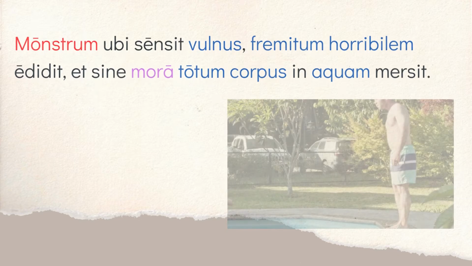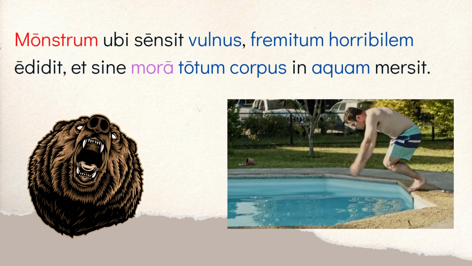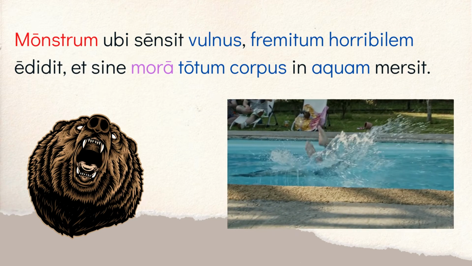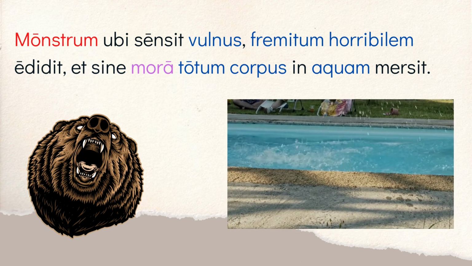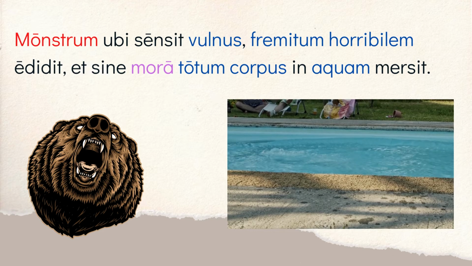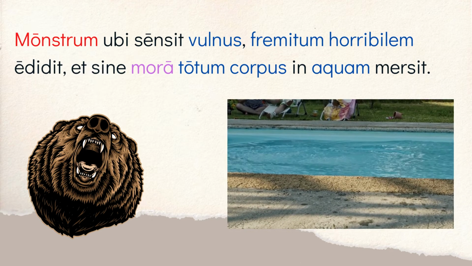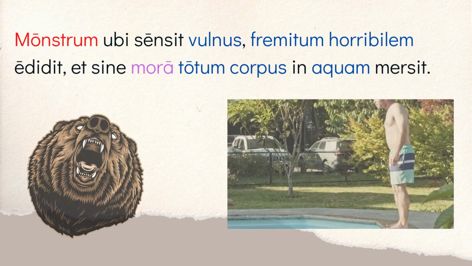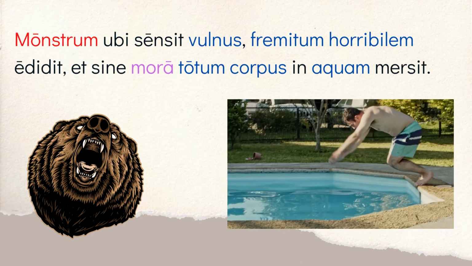Then you have: monstrum ubi sensit vulnus, fremitum horribilem edidit, et sine mora totum corpus in aquam mersit. So the monster, remember, it's neuter, it's talking about the sea monster, when it sensed the vulnus, the wound, edidit. Now this is coming from ex, meaning out of, so it's a compound verb, ex plus dare.